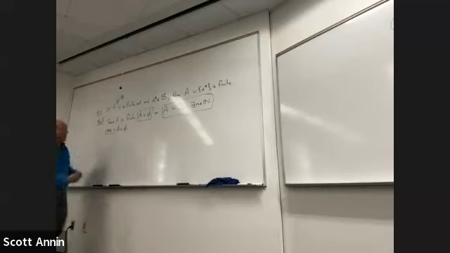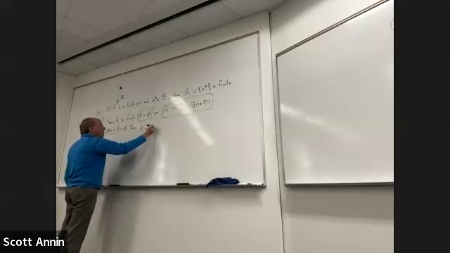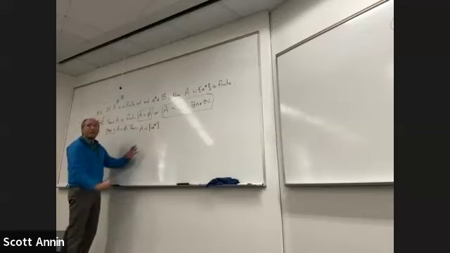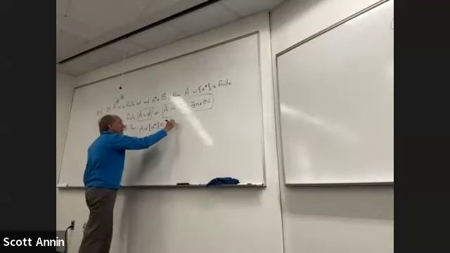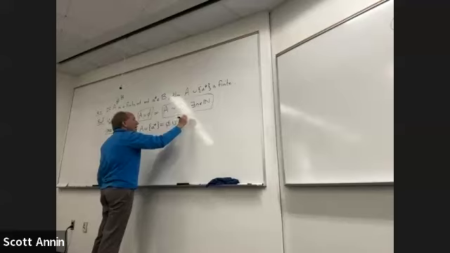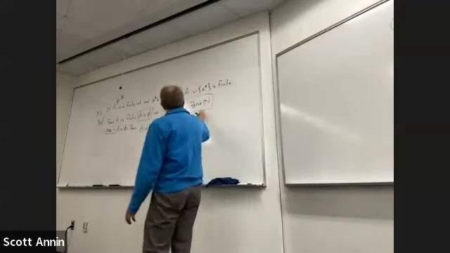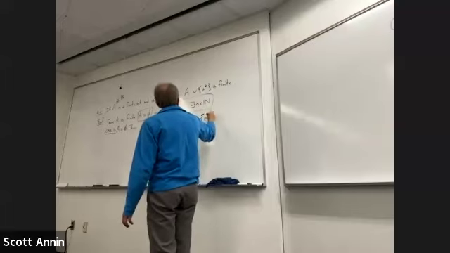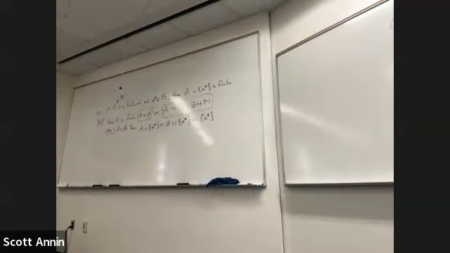Now, if A is empty, then when I take the union of A with this extra point that is being denoted as A star, that would just be the empty set union the set of A star. And what would that be? It's just the set of A star, right? If you take the empty set and you union that with anything, it just gives you the other thing back again.